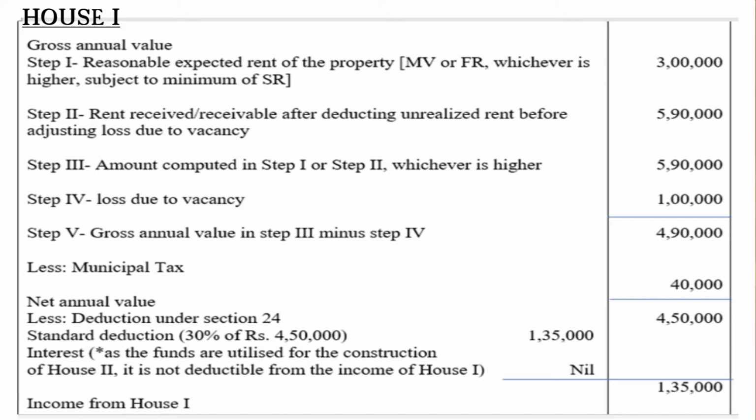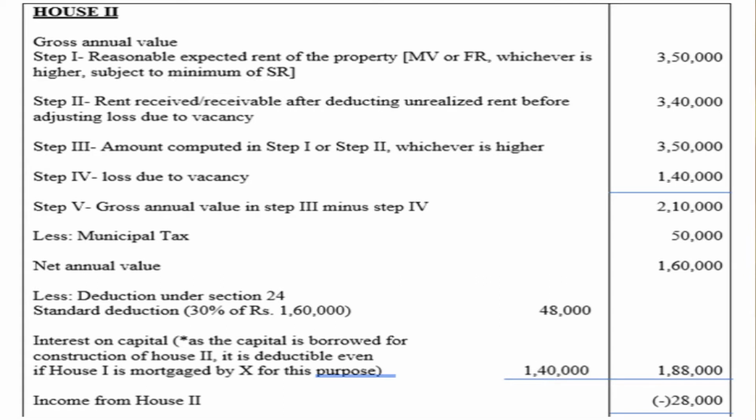So the interest deductible here for house number 1 is nil. So total deduction under section 24 is 1,35,000. So when we deduct this 1,35,000 from net annual value 4,50,000, we get income from house 1 as 3,15,000.